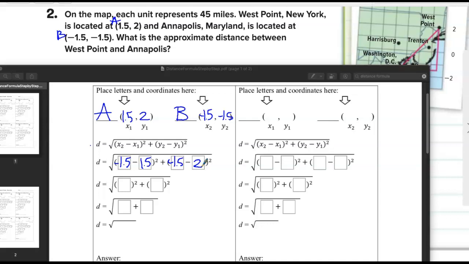Next step, what do you have to do first to solve? We're going to have to subtract in the parentheses. So if you're down 1 5/10 and you go further down 1 5/10, where are you at? -3. If you're down 1 5/10 and you go down 2 more, where are you at? -3.5.